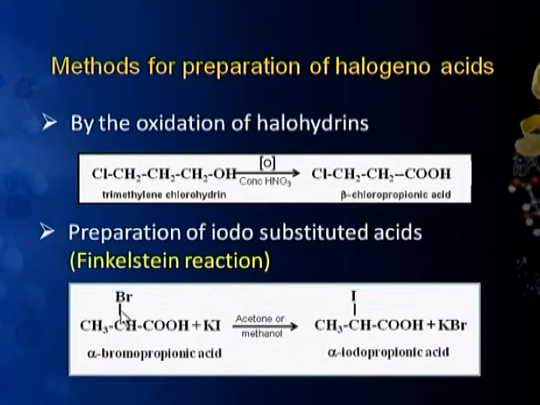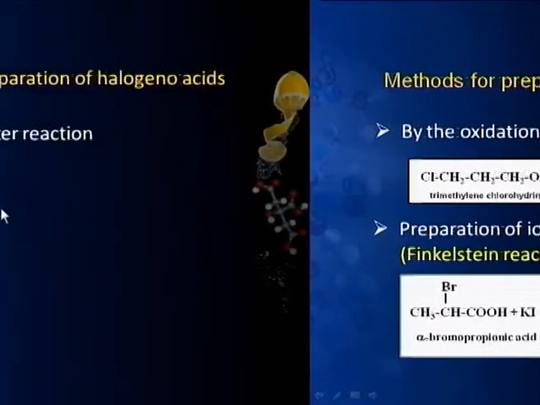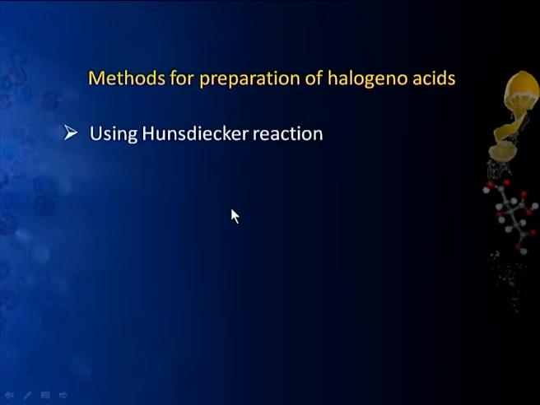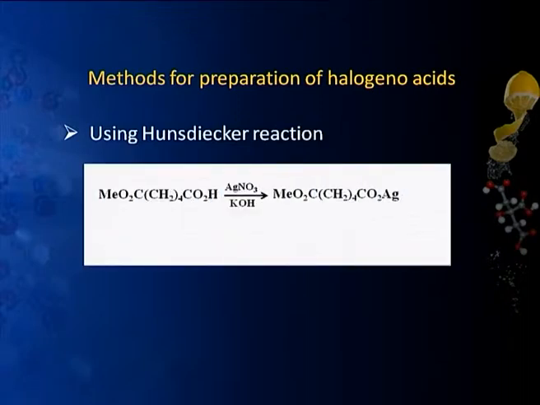This bromine can be substituted by iodine when this compound is treated with potassium iodide in presence of acetone or methanol, etc. So, we will get an alpha iodopropionic acid. So, iodo substituted acids are generally obtained by replacing the bromine or chlorine at any position, which are obtained by some other method. Then there is another reaction, the Hunsdiecker reaction. This reaction, which you are also familiar with, is used specifically for the preparation of bromo derivatives from carboxylic acids.